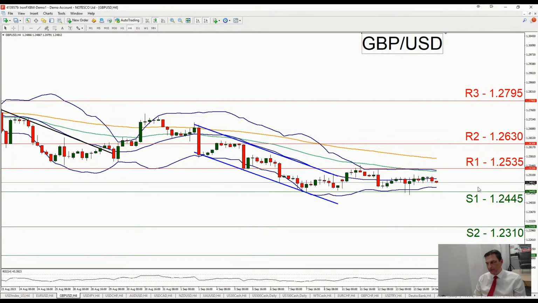On a technical level, we tend to maintain our bias for the sideways motion to continue between the R1 1.2535 and the S1 1.2445. The RSI indicator has dropped slightly below the reading of 50. So we may be seeing slowly but steadily a bearish sentiment building up, but for the time being, nothing conclusive or nothing convincing.